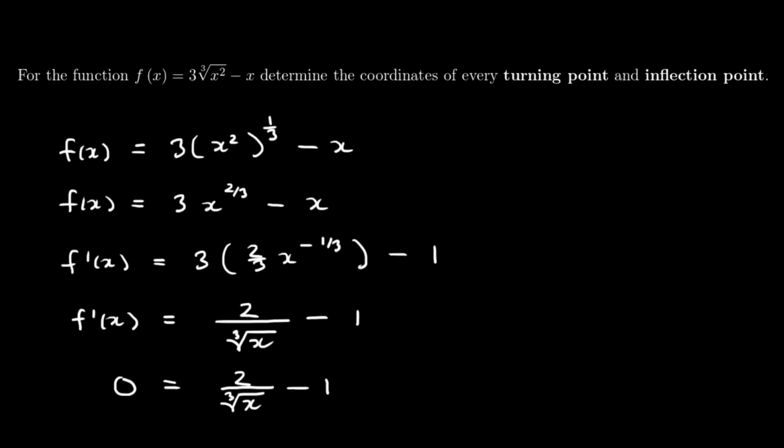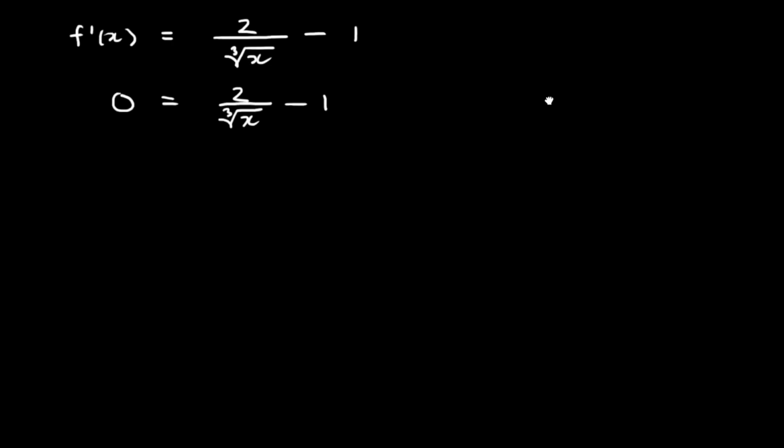So we've got to solve this equation, which is a little bit of a nuisance. But anyway, let's add 1 to both sides. That's one way of dealing with this, possibly a little less efficient than working with a negative third power.